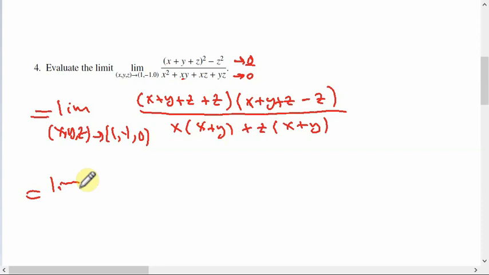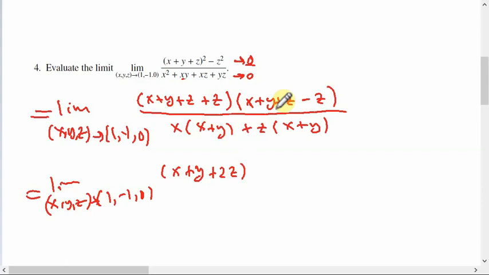So going one more step with my algebra here to finish off that. X, y, and z go to 1, -1, 0. Here in the top, I now have x plus y plus 2z and x plus y. The z's canceling out there.